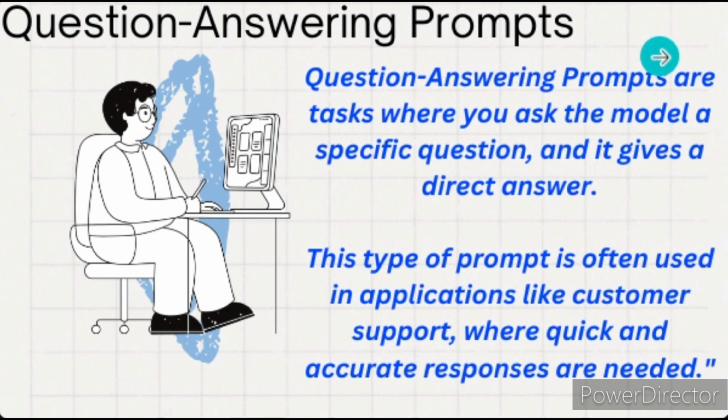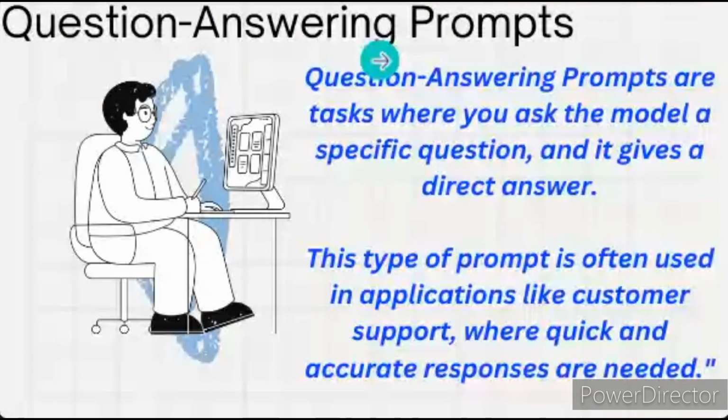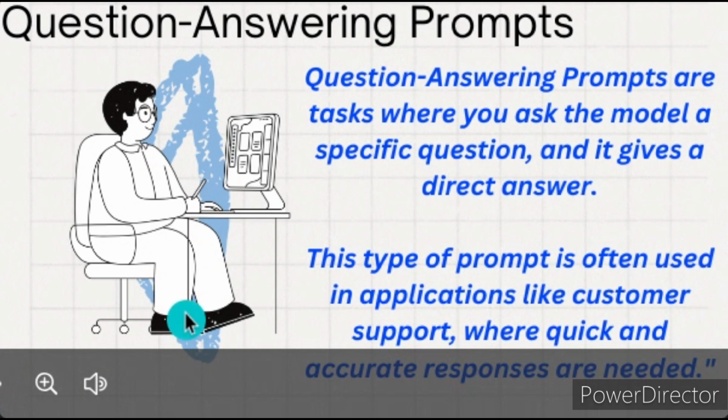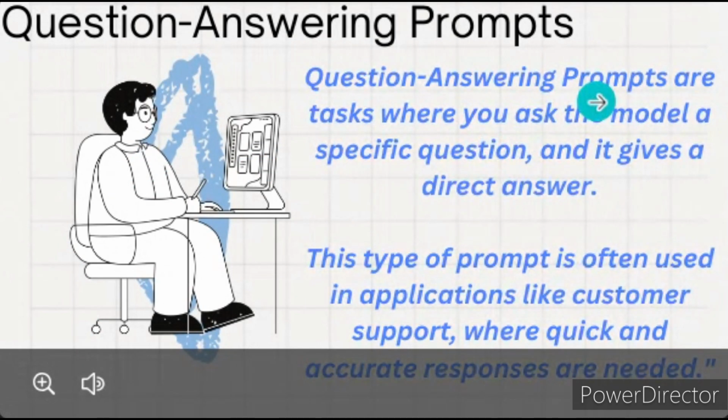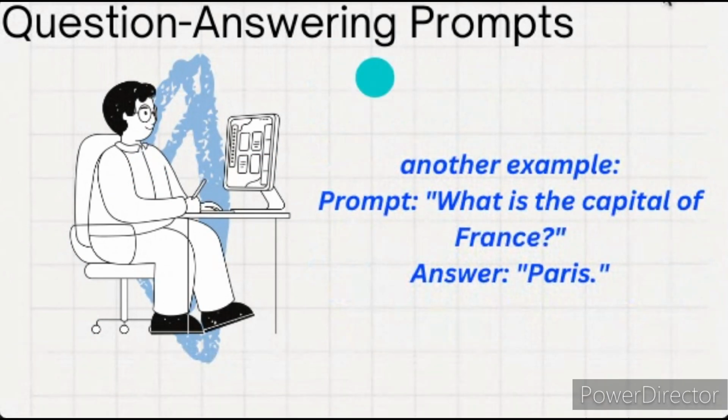This type of prompt is often used in applications like customer support where quick and accurate responses are needed. Another example may be asking, what is the capital of France? To which the AI will answer, Paris. These are question answering prompts.